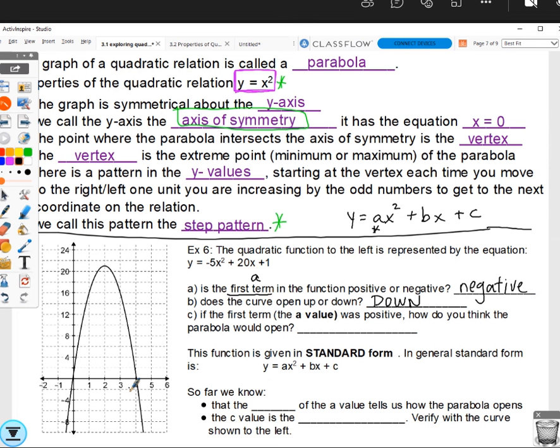That is actually a property that's always going to happen. If the first term, the a value, was positive, how do you think the parabola would open, up or down? Up, because it's smiling. It's positive. Look at that. You and quadratics have more in common than you might think.